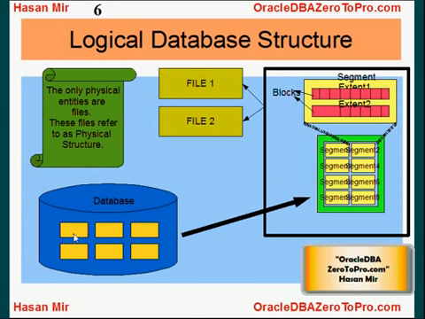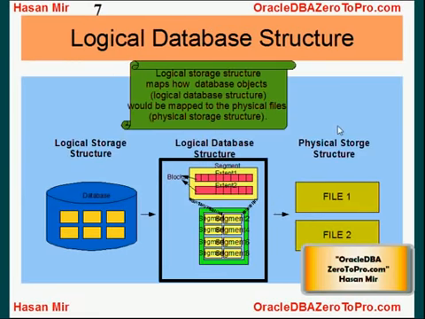So how these database objects like tables, views, indexes, etc. will end up in files, this question will be addressed by the storage structure. Okay, so storage structure is basically a mapping between physical structure, which are files, and the database structure, which are objects. Logical storage structure maps how database objects, which are part of logical database structure, would be mapped to the physical files, which are physical storage structure.